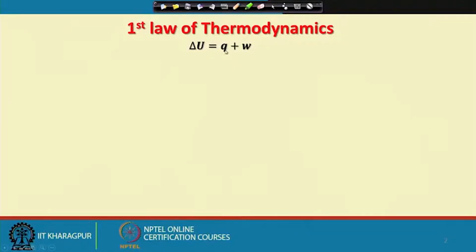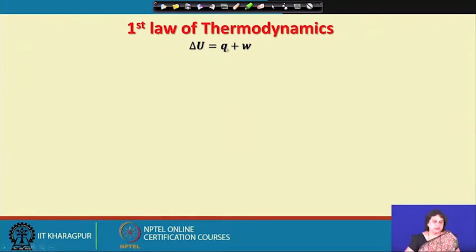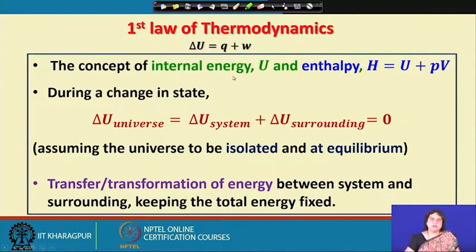First, you can talk about supplying heat to the system or withdrawing heat from the system, and making the system do work or extracting some work from the system.